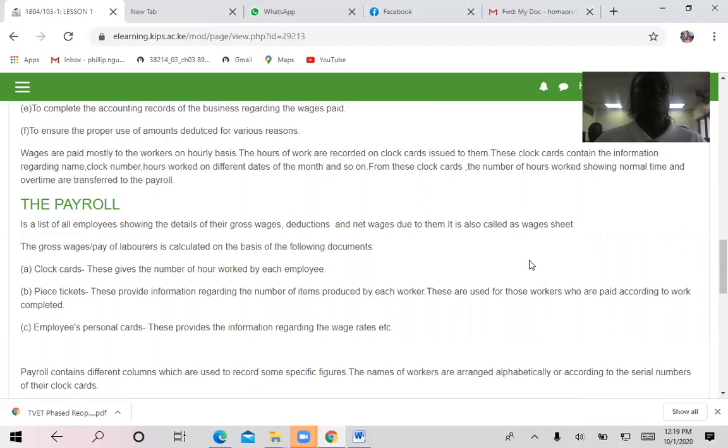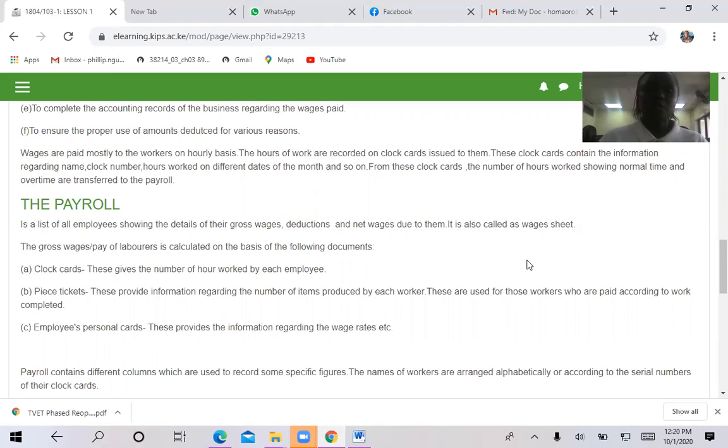So it has to show you the gross wages, deductions, and the net wages. The gross wages will consist of the basic wage plus the incentives, that's the allowance. The payroll is also called the wages sheet.